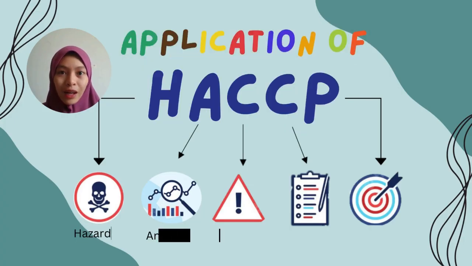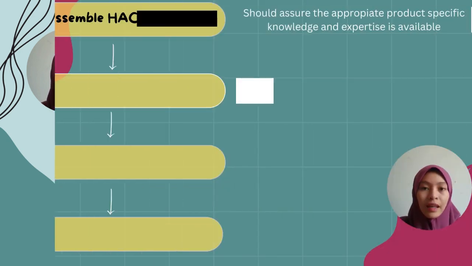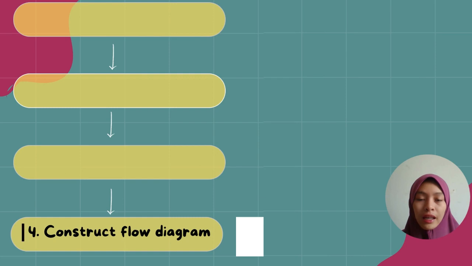Alright, now I will explain to you about the application of HACCP. There are 12 applications in HACCP. So the first one is assemble the HACCP team. Then they will describe the product and identify the intended use, and then they will construct the flow diagram, which must cover all the steps in the process.